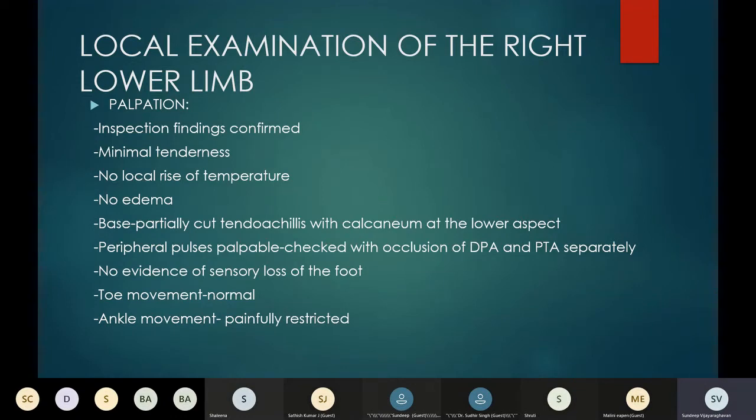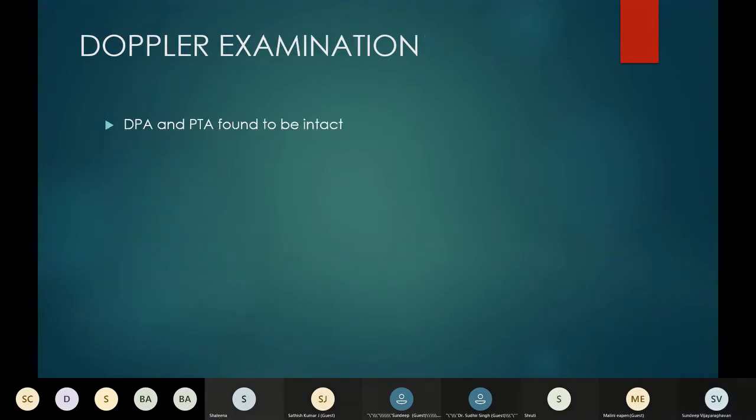There was no evidence of sensory loss on the foot. Toe movements were found to be normal, but the ankle movement was painfully restricted because of the wound. We did a Doppler examination to evaluate the dorsalis pedis and posterior tibial artery, even though we confirmed it on palpation, just for confirmatory purposes.